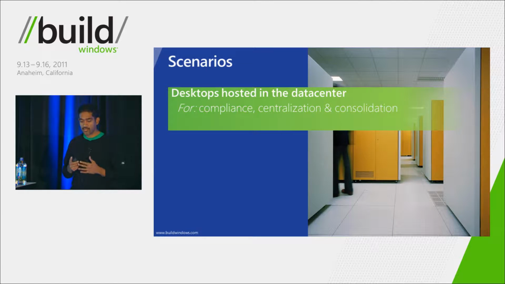So there's a lot of advantages from a management standpoint and an end user productivity standpoint to centralize your desktop. And you also get better utilization or consolidation of resources. You can pack a lot more users if you run them from a server. So these are the key reasons that are driving centralized desktops.